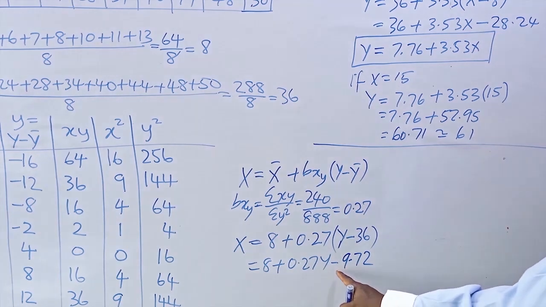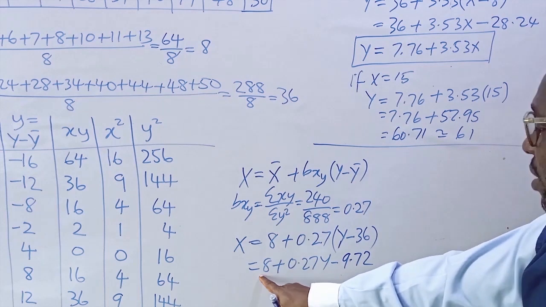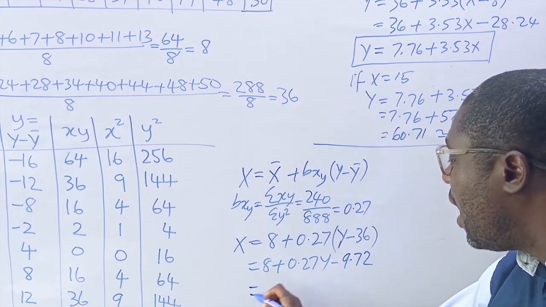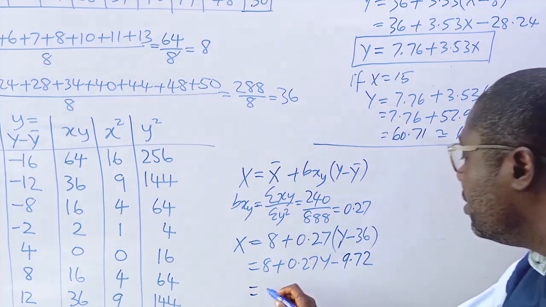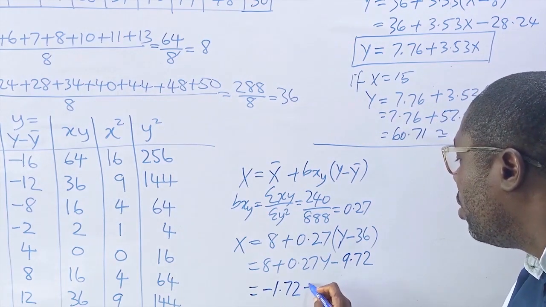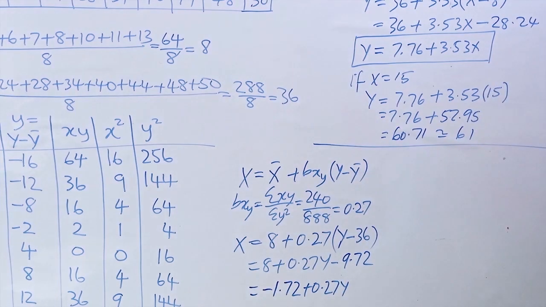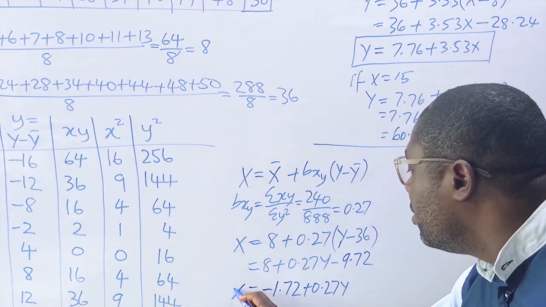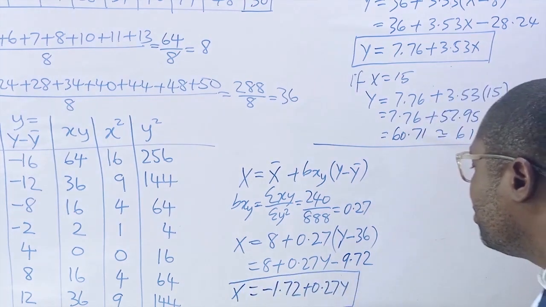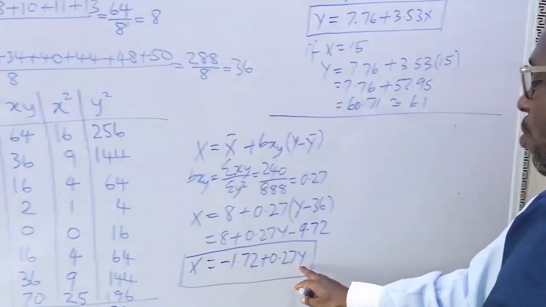So if we bring minus 9.72 with 8, we are going to have minus 1.72 plus 0.27y. So this becomes our regression equation when we're regressing x based on y.